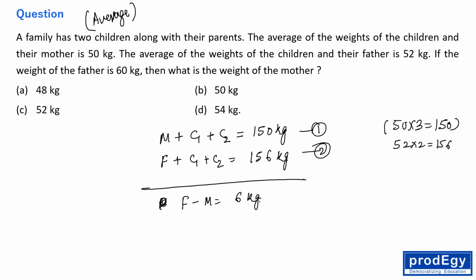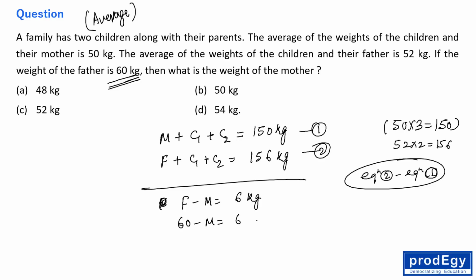Now, the weight of the father is 60 kg, right? So weight of father is 60 kg. So 60 minus 6, which is 54 kg. Right?